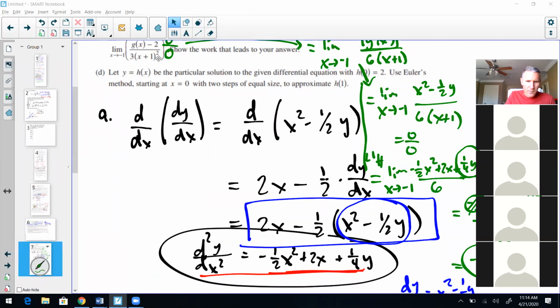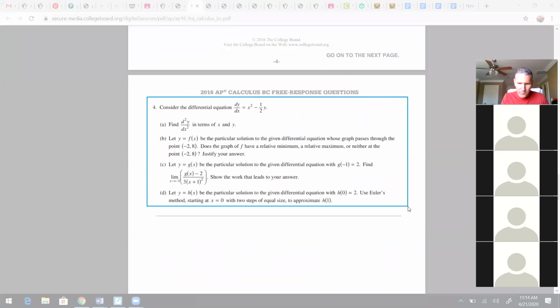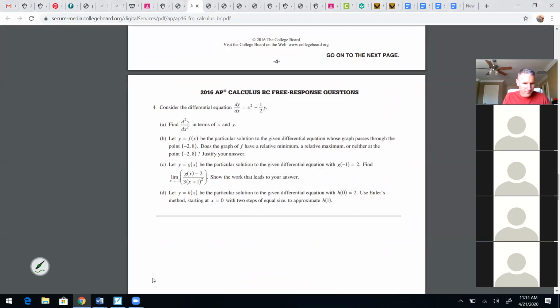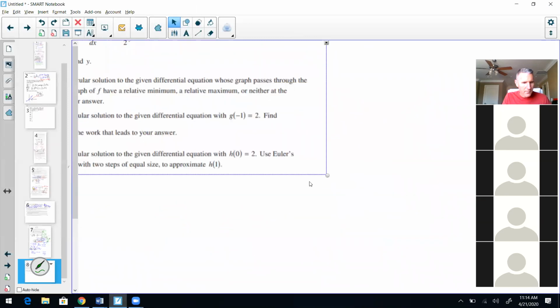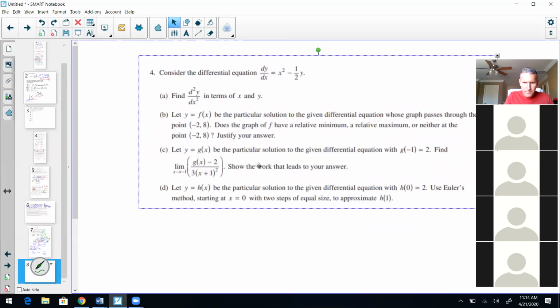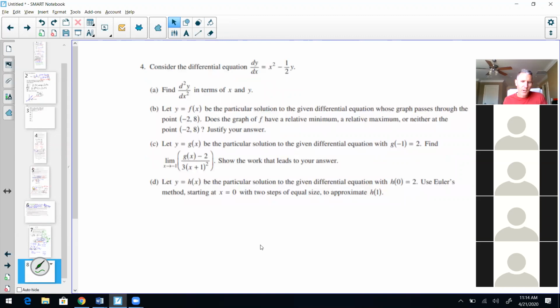I'm going to do this on a fresh page. Okay, so now it has a third function that is a particular solution.